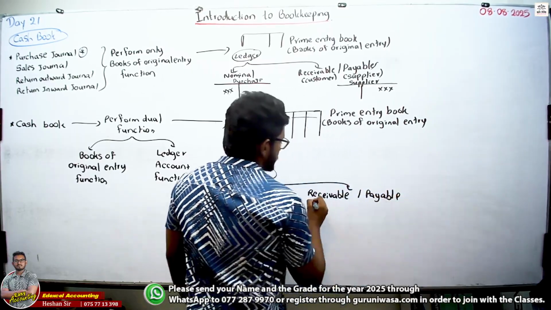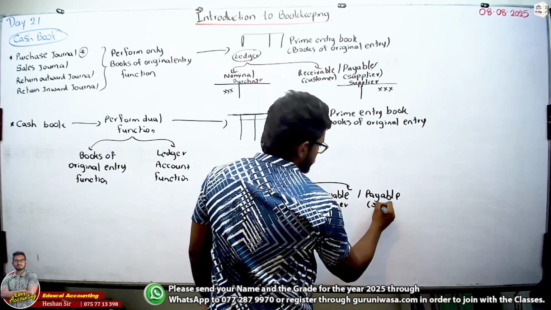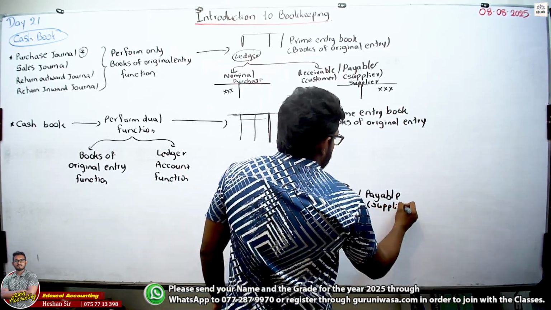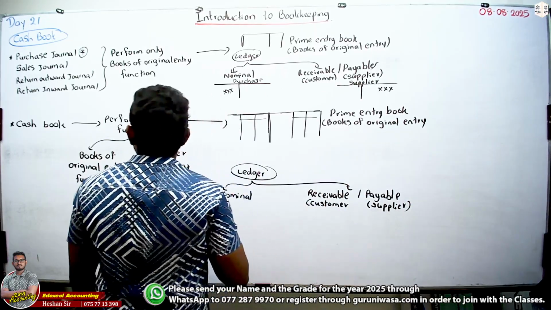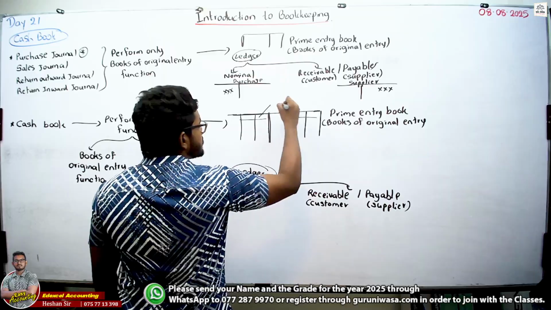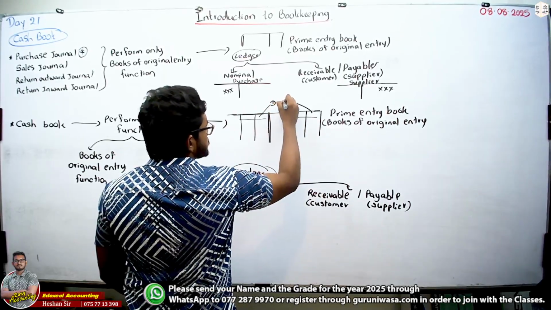Receivable means the customer. So just remember, in this cash book only the value column performs the dual function.